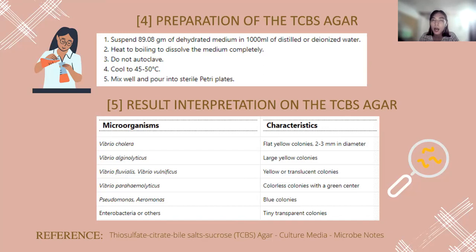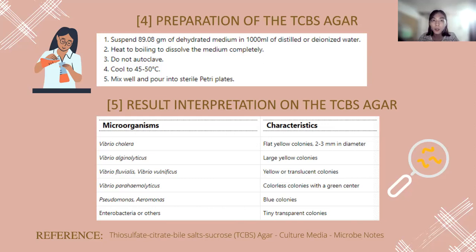Thus, it gives a fast reaction to dissolve our solid reagents using our liquid reagent, which is the deionized or distilled water. Next step, or the third step, is do not autoclave the prepared or the dissolved medium.